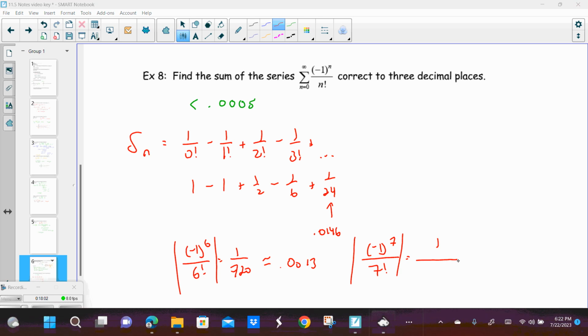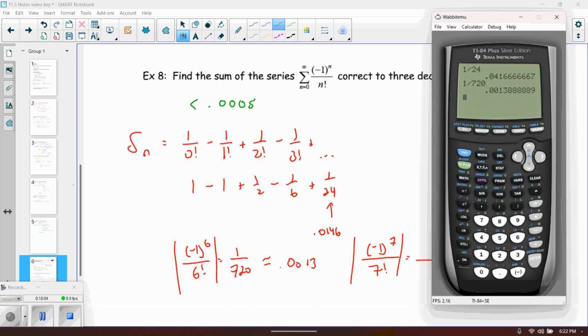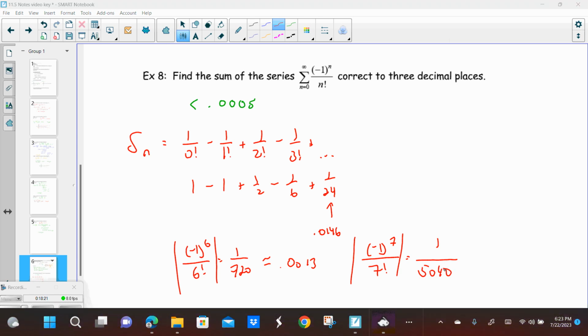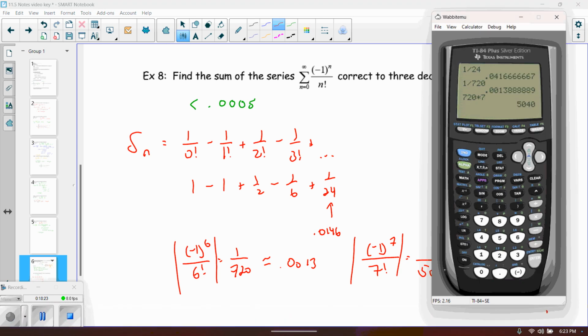That one I actually don't remember. 720 times 7 is 5,040. So 1 over 5,040, and that is 1 divided by 5,040.